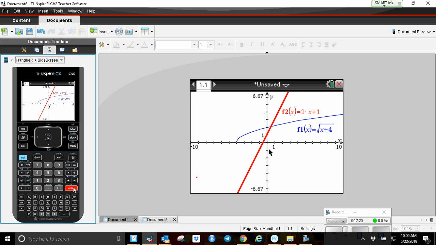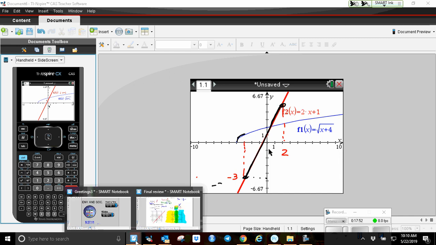2x plus 1. Well, what section are we looking at? From -3 to 2. So I need to get this part of it. What is that point? -3 and -5.